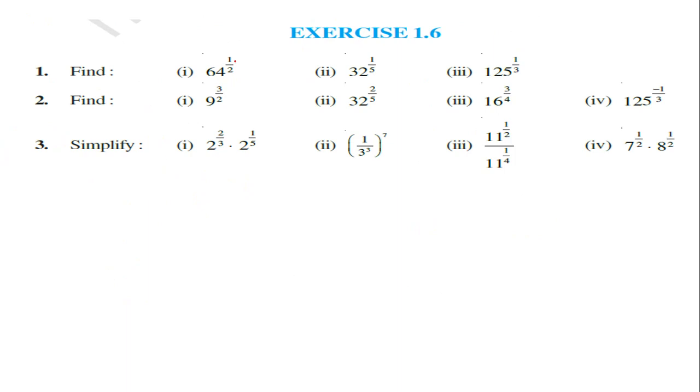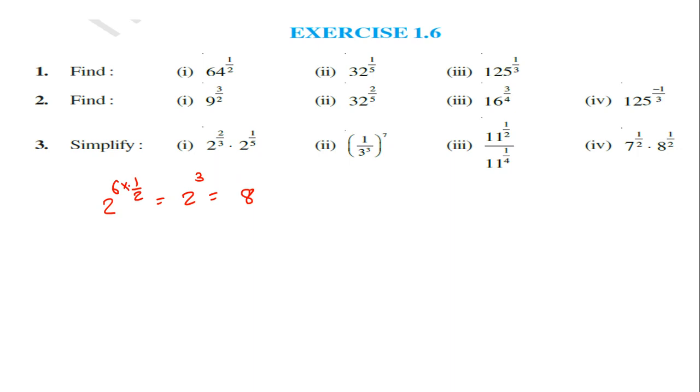Its square root we have to find, 1 by 2 power. So 1 by 2 power of 64, how can you write? 2 raised to 6 into 1 by 2. So 6 by 2, 2 raised to 3 will come. So it is 8. And so the square root of 64 is 8.